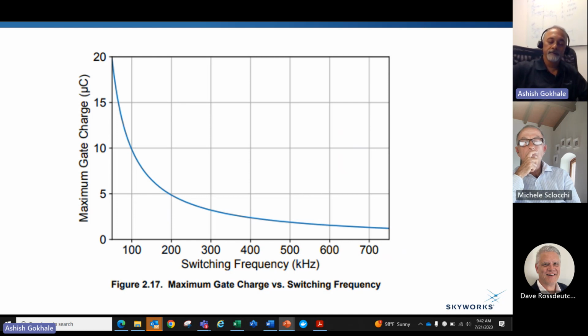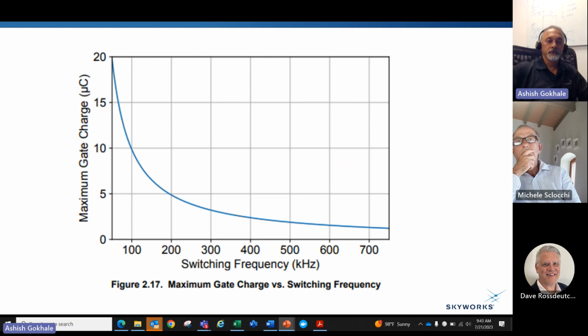They might specify IDD, the switching current, for example, at 500 kilohertz. That is just a test point to take a data measurement. It doesn't necessarily imply that that is the limitation of the driver. In fact, our drivers are very well capable of switching up to 5 megahertz or even higher.